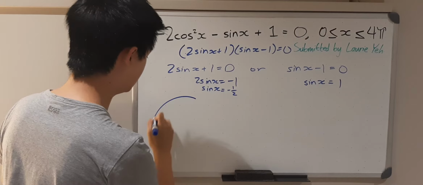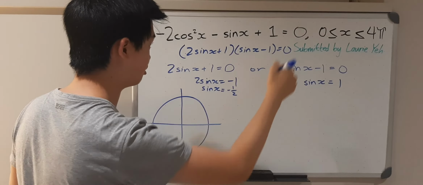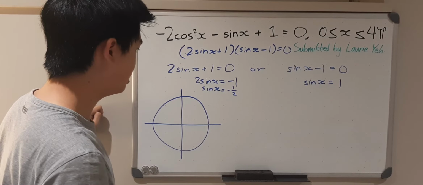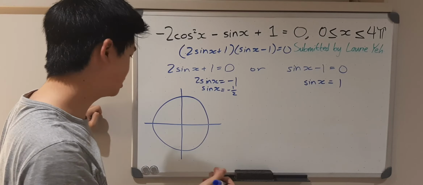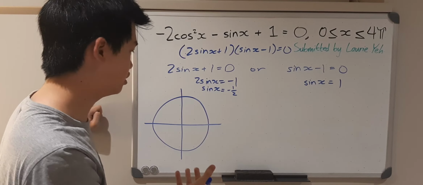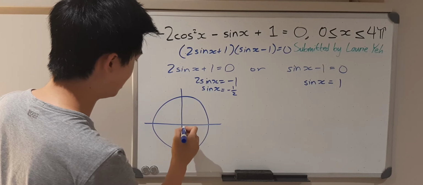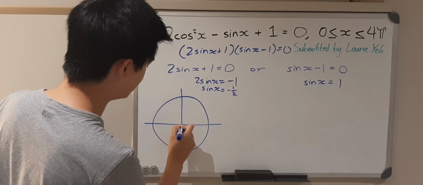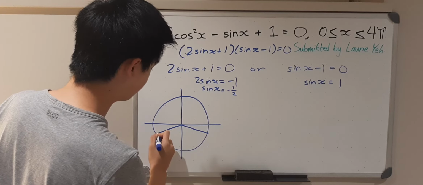So let's draw the unit circle here. We have to keep in mind the boundary conditions. So sine x equals minus a half. We know sine x is the y coordinate on the unit circle. So we know that minus a half exists in this location right here.